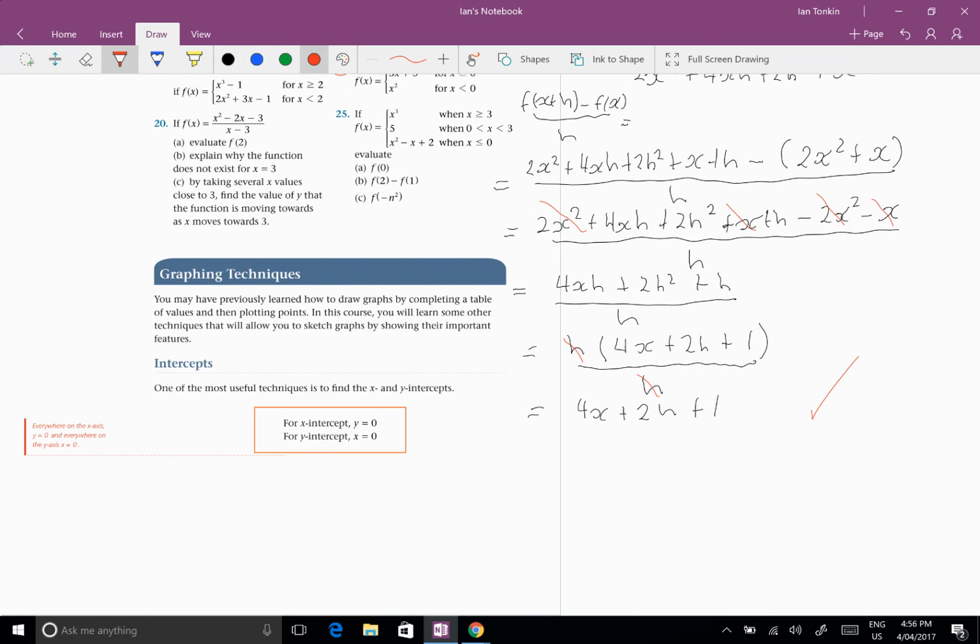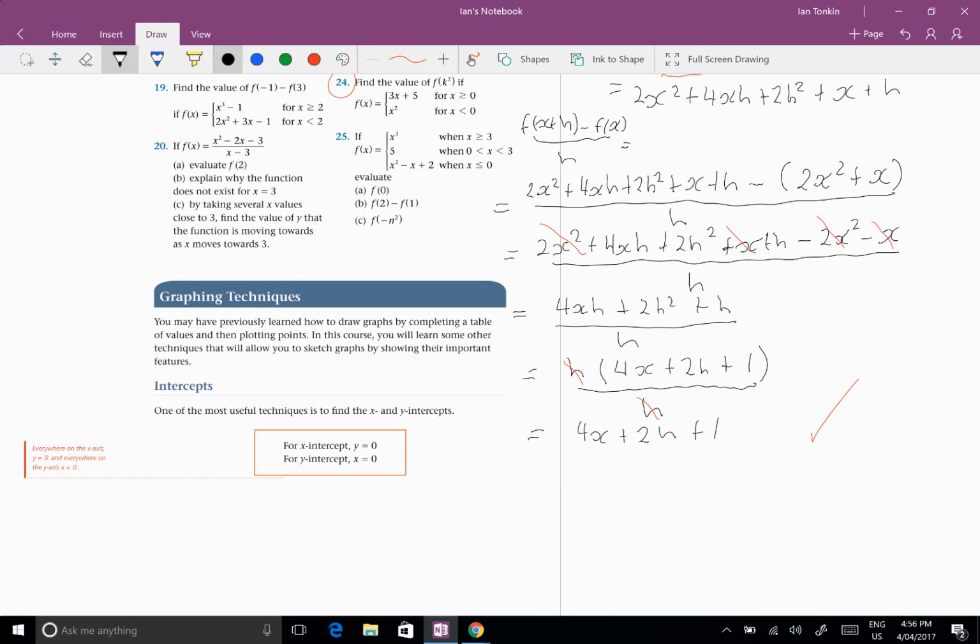Which now only leaves me question 24. Now, question 24 is very easy. Now I've got to find f of k squared. Now I know any number squared will be greater than 0 or equal if it's 0.